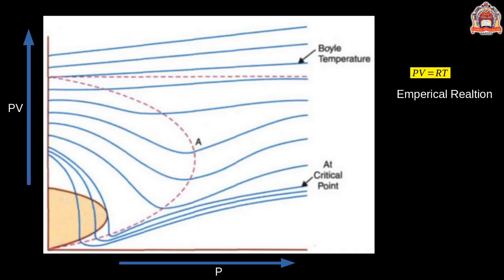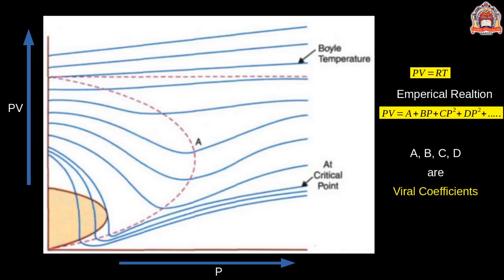relation is set up. That empirical relation is PV is equal to A plus BP plus CP square plus DP cube and so on, where A, B, C, D are constants for a given temperature depending on the nature of the gas and are called virial coefficients.